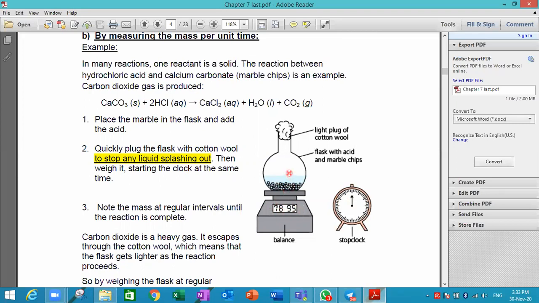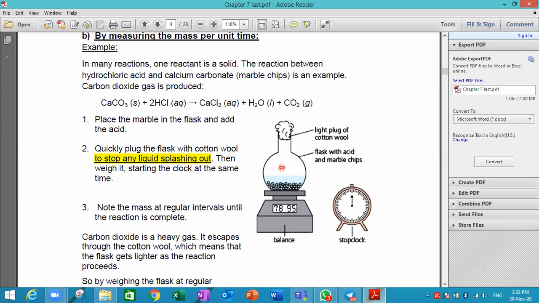Of course, at the beginning there was a certain mass, and then with time this mass will decrease. Why will the mass decrease with time of the reaction here? Will some of the mixture evaporate?